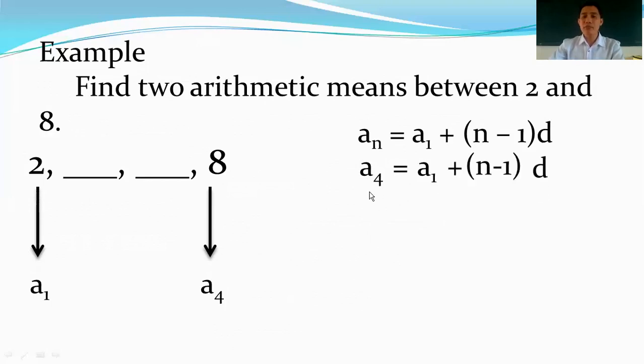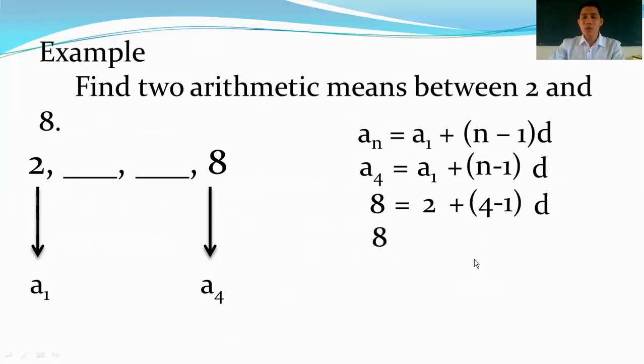Substitute our a sub 4, or the fourth term. We have 8 equals our first term, 2, plus, again, our n is 4. So we have 4 minus 1, and we do not have the value of d, which is the common difference, so it remains as letter d.